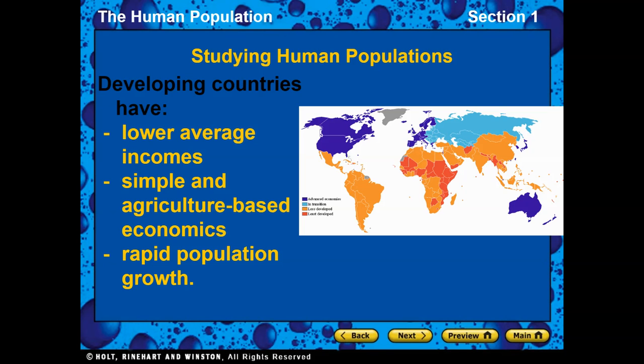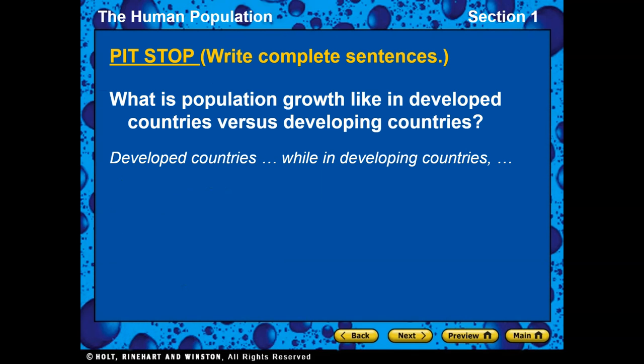They generally have one type of income based on agriculture or some kind of production of one type of good. They also have rapid population growth. So you have a lot of people giving birth to a lot of children. You've also got a lower age of mortality. So people are dying younger.